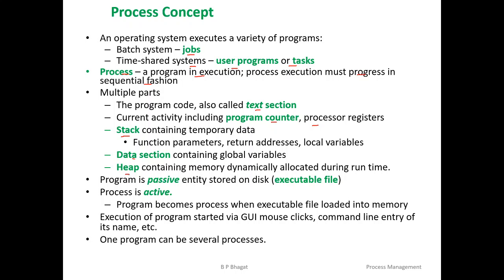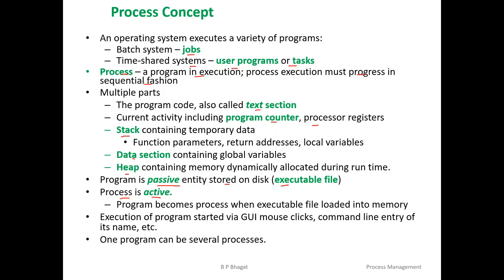Whenever a program, for example any executable file, is available on the secondary storage device or on the disk, it is called a passive entity. Whenever the executable file or program is loaded into memory, that program becomes a process and we call it an active entity.